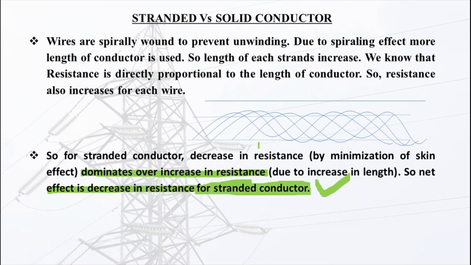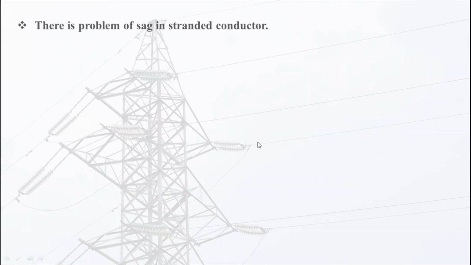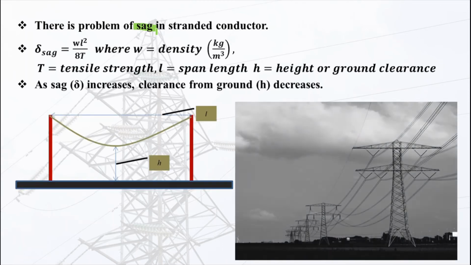Now, as I already told you, stranded conductors have the problem of sag. Sag means hanging of the conductor between towers. See this transmission line. It has a conductor between these two towers. Instead of going in a straight line, it forms this curvature, and this curvature is called sag. Due to this sag, ground clearance decreases.